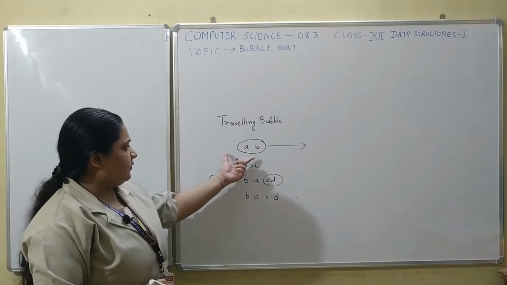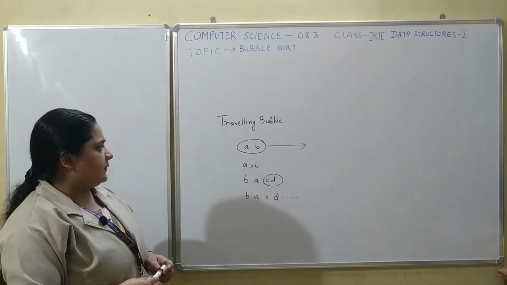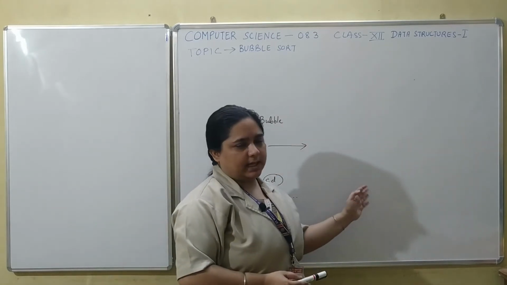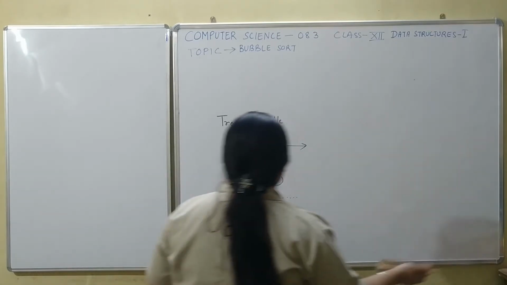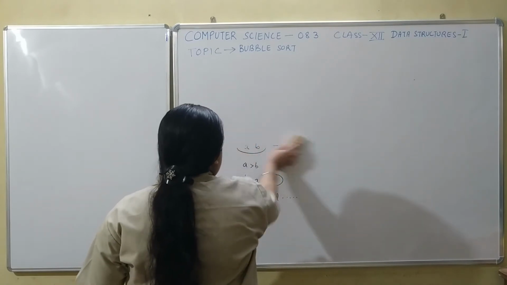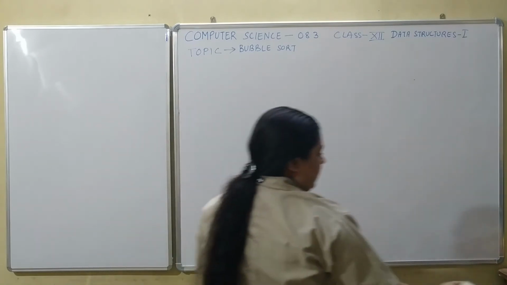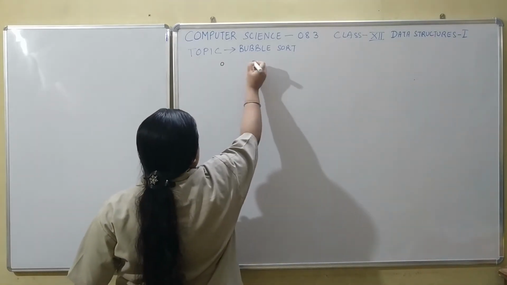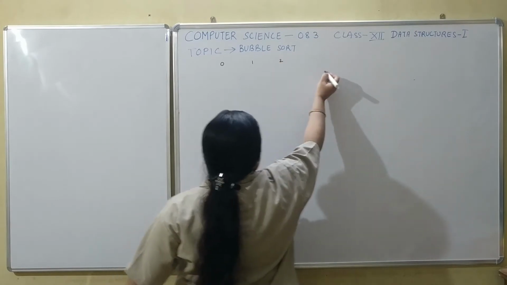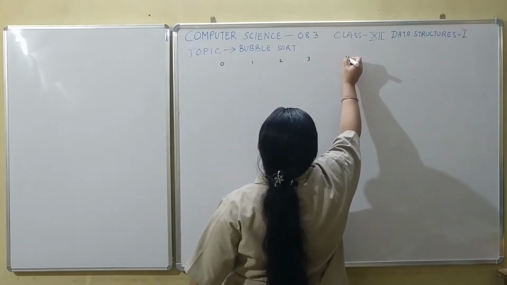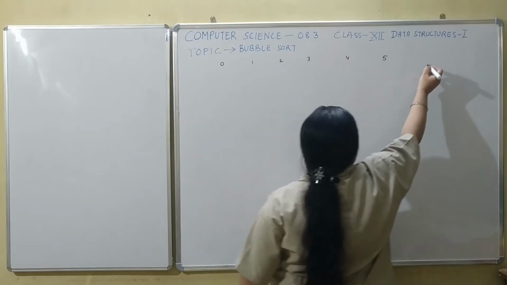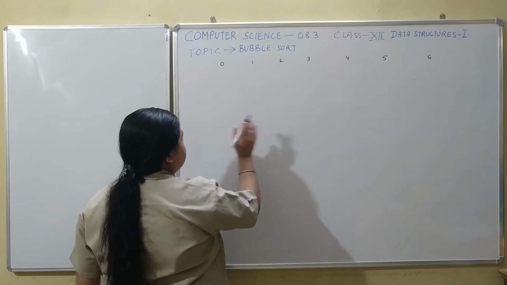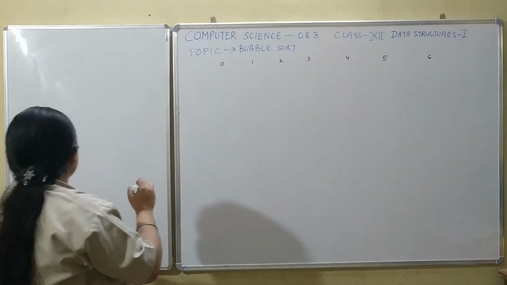So there is an imaginary bubble which travels from the left end of your list to the right end. Let's see how it works. We are going to take some numbers here. Firstly, I am specifying the index locations. I have taken 7 values in my list.